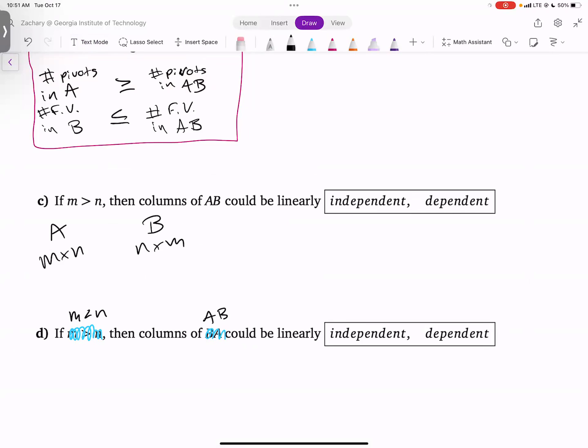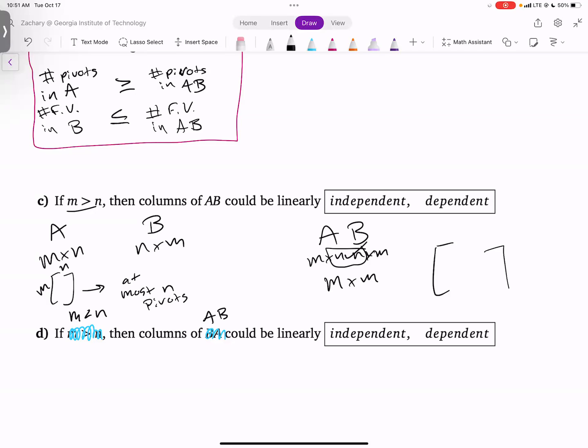So if m is greater than n, that means A is tall. If it's tall and it's m by n, that means I can have at most n pivots. But A times B, which is m by n times n by m, check the box, we get an m by m matrix.